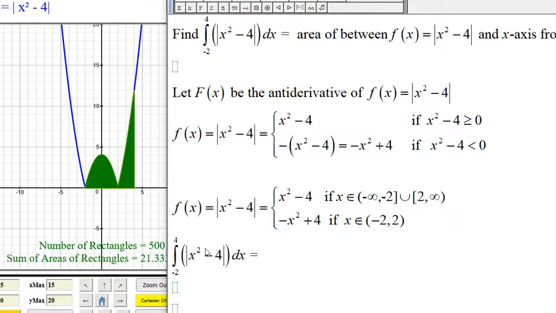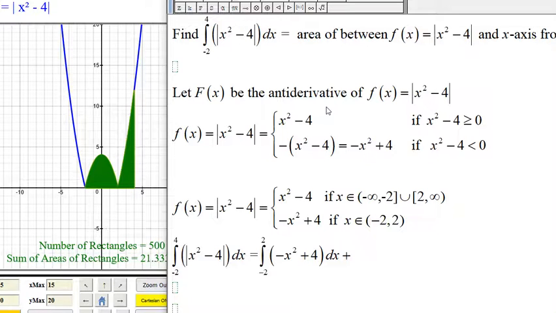And so the definite integral right here will equal, first, from negative 2 to 2, and the function will be negative x squared plus 4 dx.